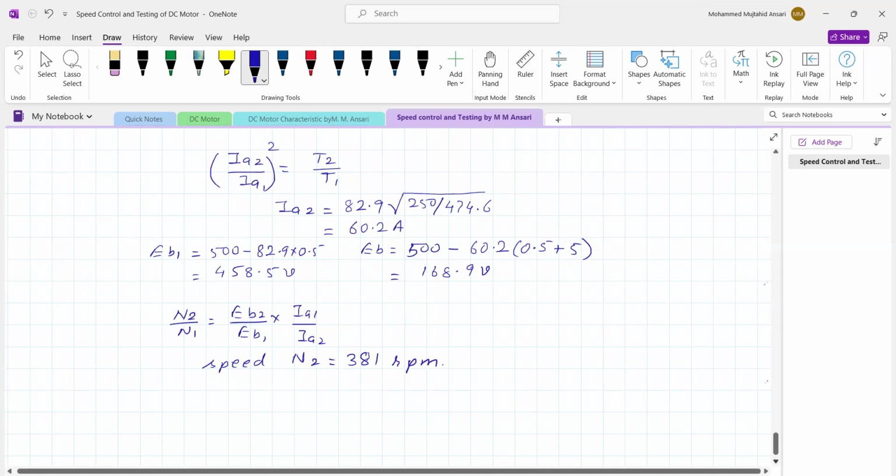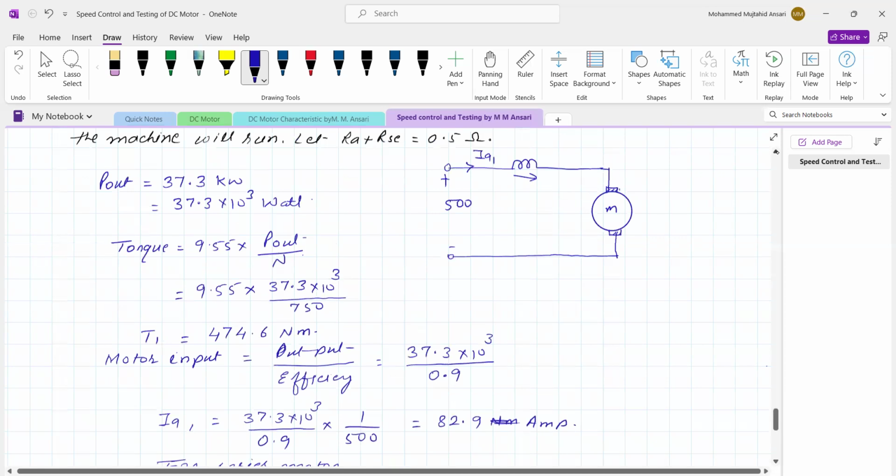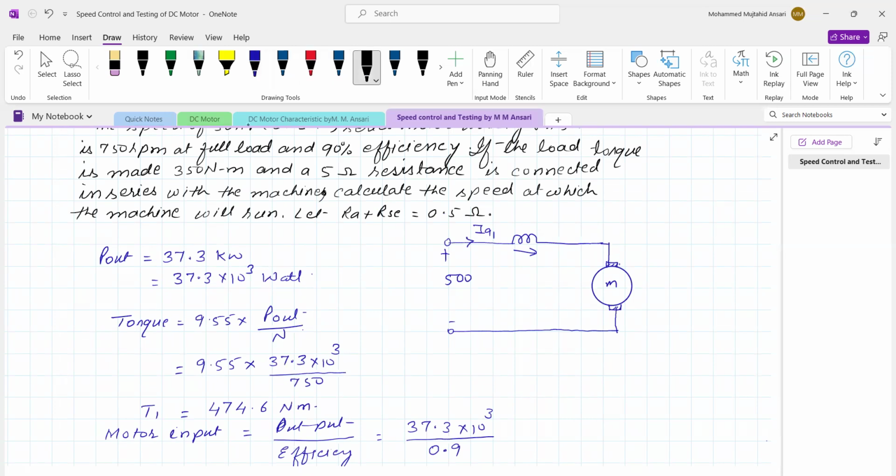Even before calculating the final value, it is possible to give the answer. The value of speed may be different, but as per the concept, we should know this. There is a correction: it is 250.